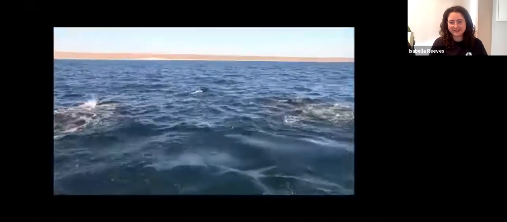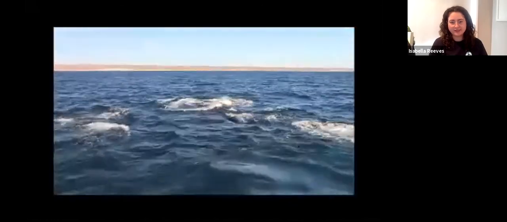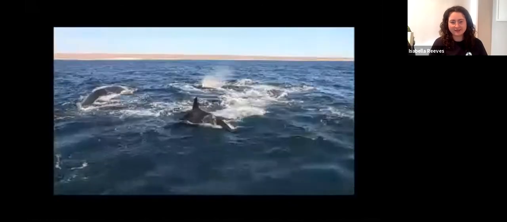So as you can see, the orca have moved in and started to separate the calf from its mum.